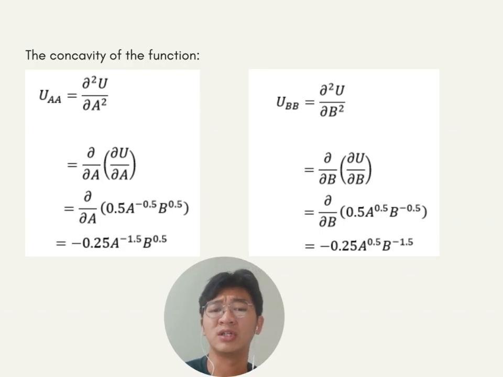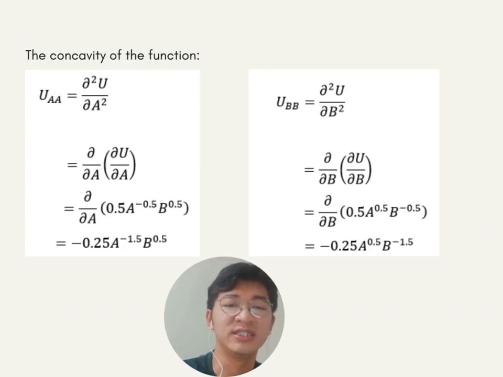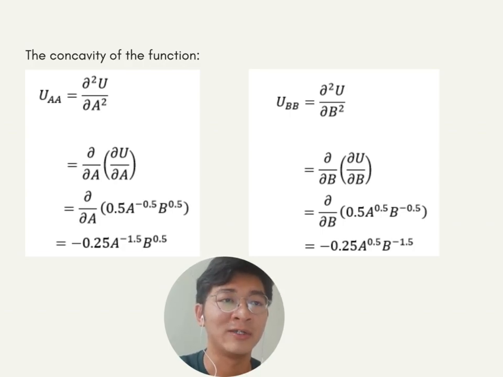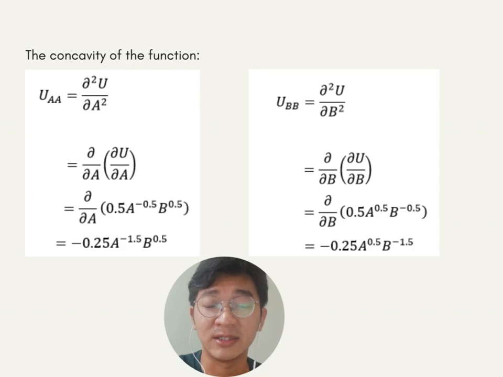Then we are wondering, is the first derivative really accurate? Therefore, we need to calculate the concavity of the function, which goes to the second derivative. But why are we calculating this second derivative? As in the methodology, the second derivative is the rate of change of the derivative itself.